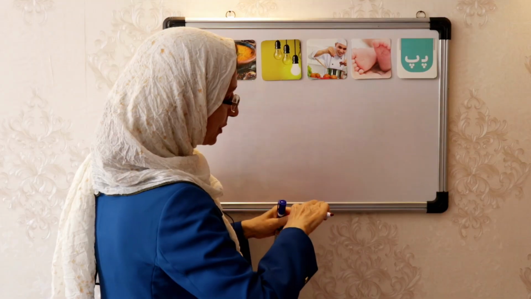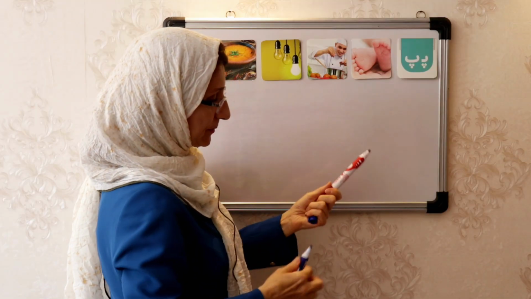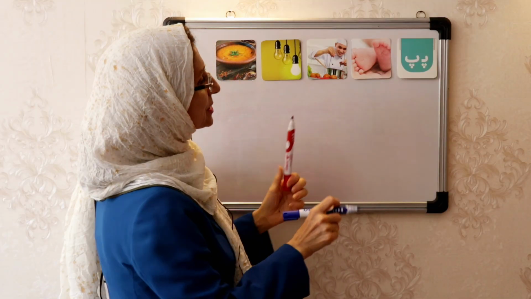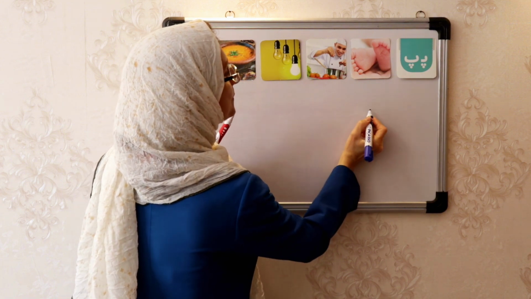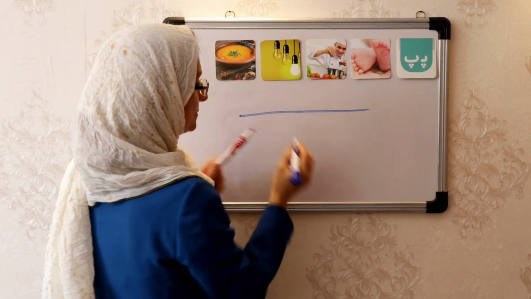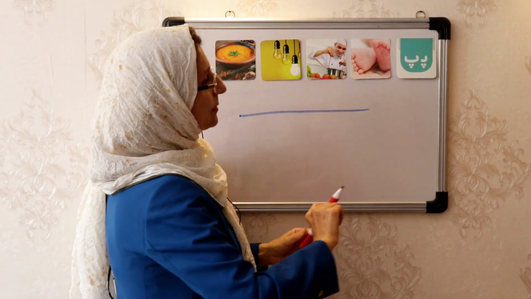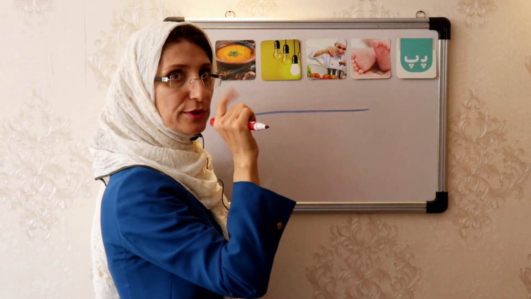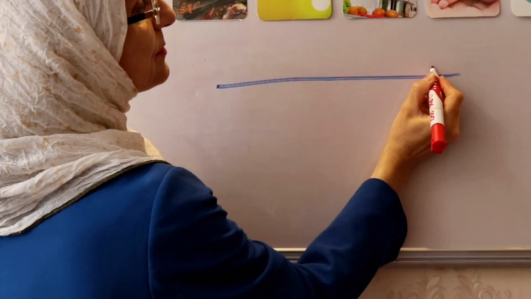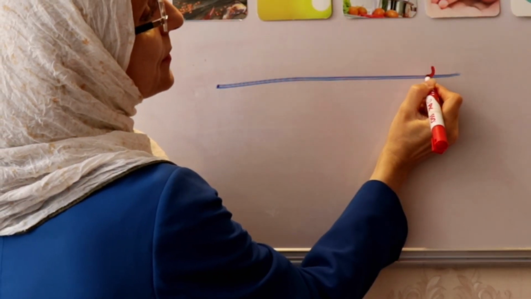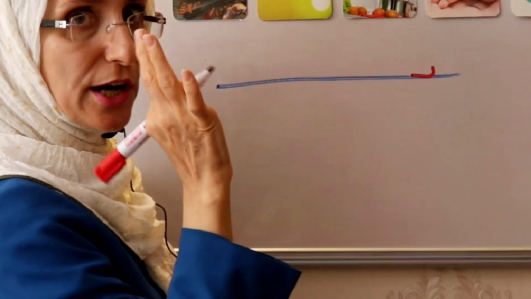Look at how I write P and where it connects to the previous and the next. The P sound has that beautiful curve, exactly like B that we have seen, but with 3 dots below.